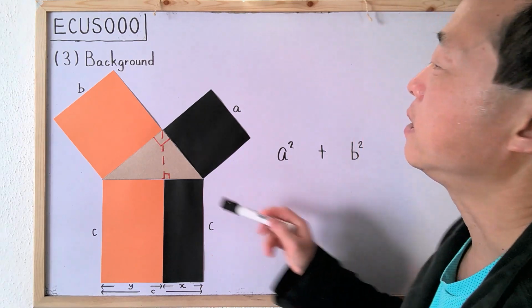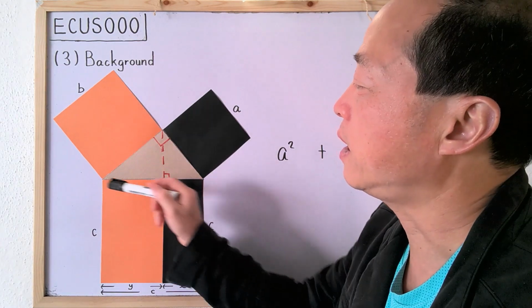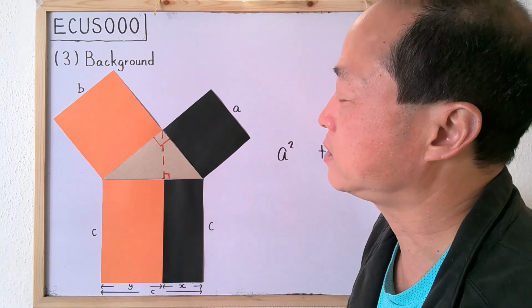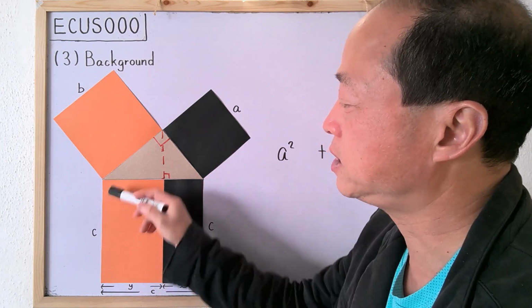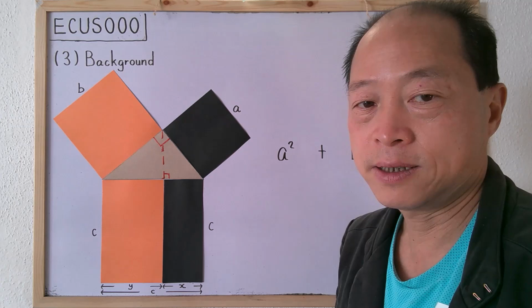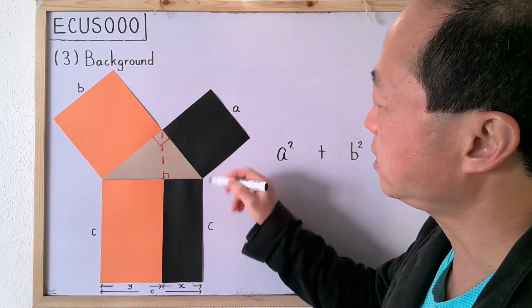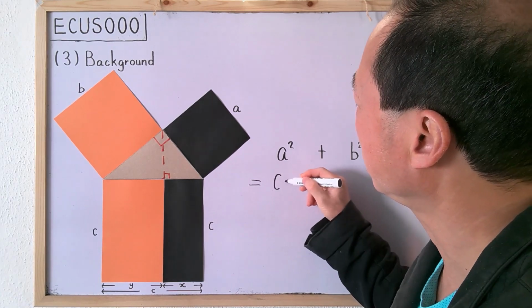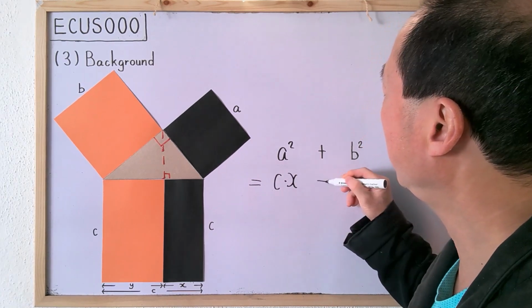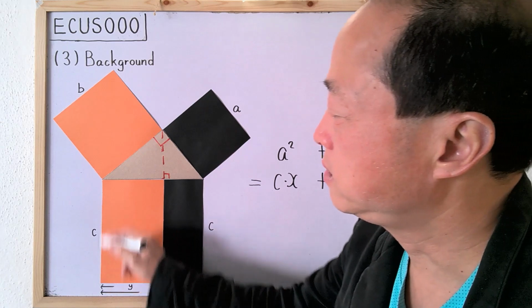As b squared is the area of this square and it equals the area of this rectangle, it becomes c times y. The second line becomes c times x plus c times y.